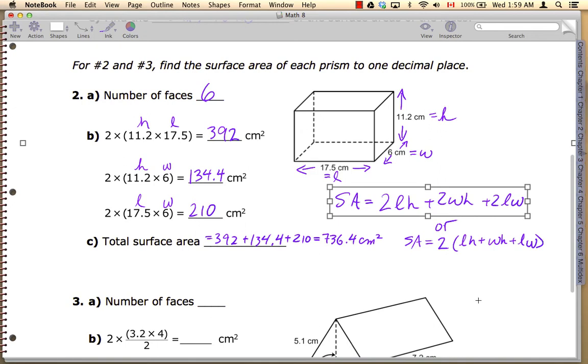So you could do length times height plus width times height plus length times width, calculate that, and then double it, and that will give you the same thing. So I'm just going to put that formula in a box, and you may want to highlight those things so they'll be useful for you for doing calculations later.